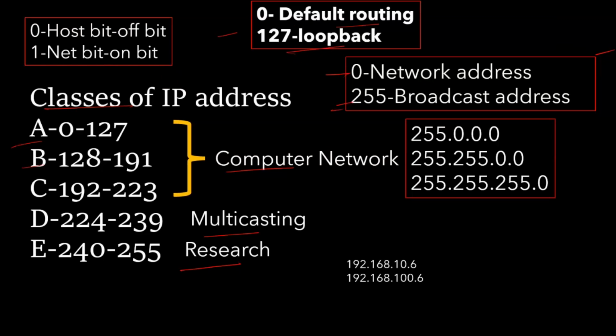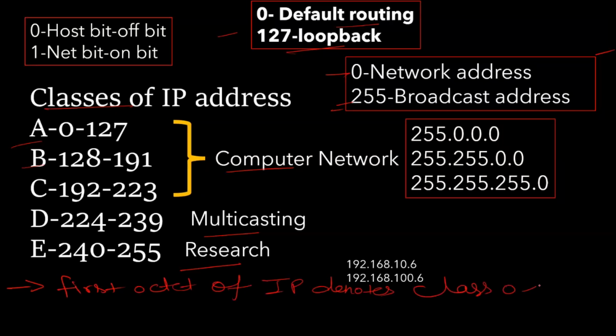Right? 0 and 255 means what? As we discussed the classes of IP address, there is one rule. The first octet of an IP denotes the class of the IP. Means by the first octet you can identify the class of your IP.